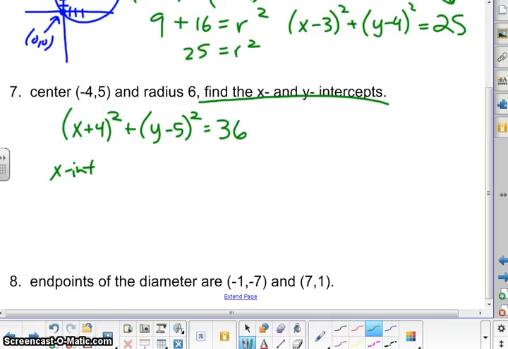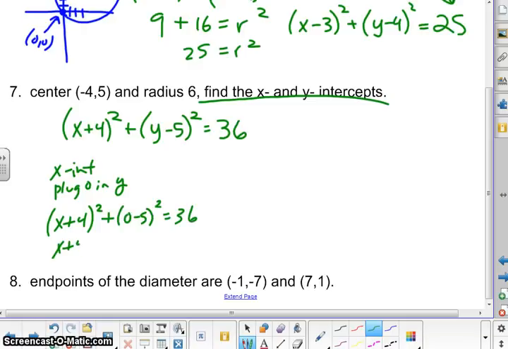So the x-intercept is going to be where you plug a 0 in for y. So let's see what happens. X plus 4 squared plus 0 minus 5 squared equals 36. And x plus 4 squared plus, so that's 25.